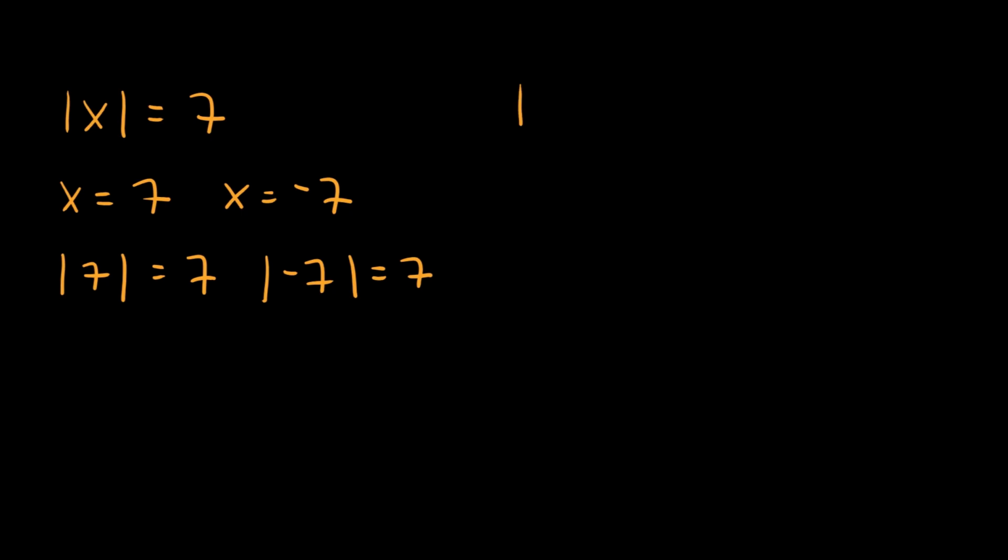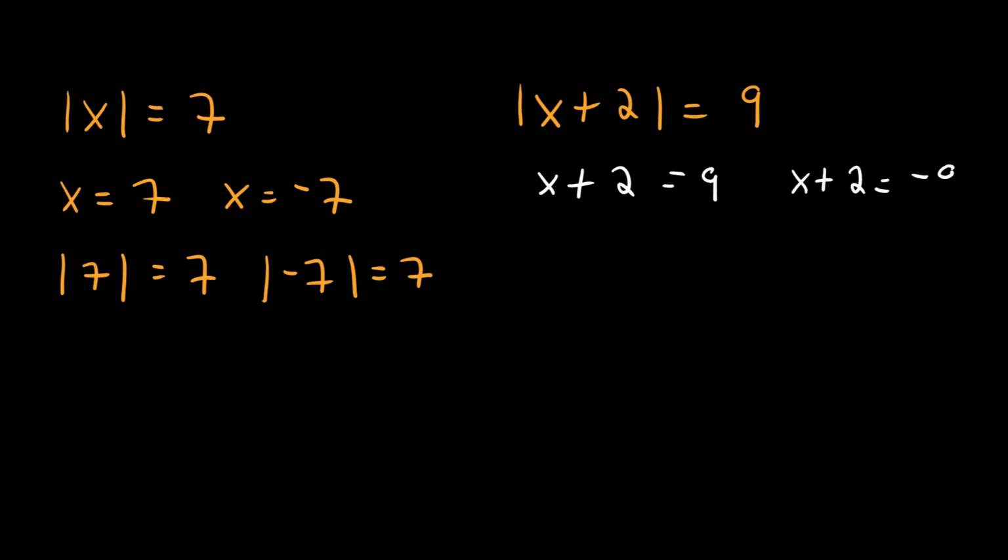Now try this one. What would be x if the absolute value of x plus 2 equals 9? Well, there are two ways, right? So this would be x plus 2. The absolute value of x plus 2 is x plus 2 equals 9, or the absolute value of x plus 2 is also negative 9.